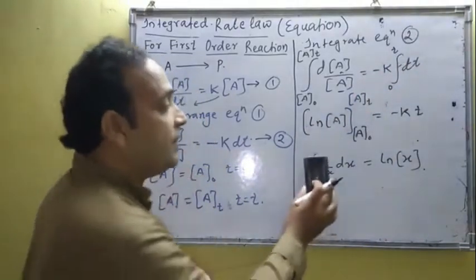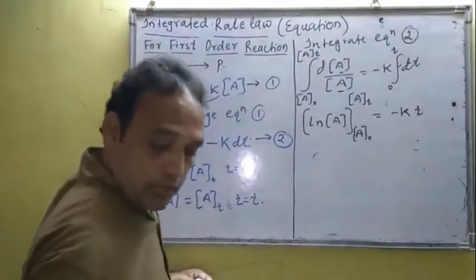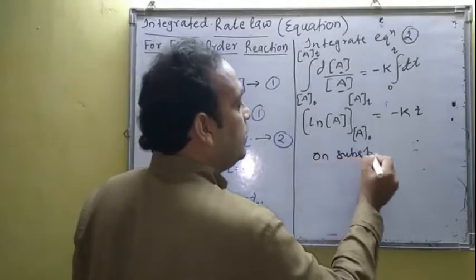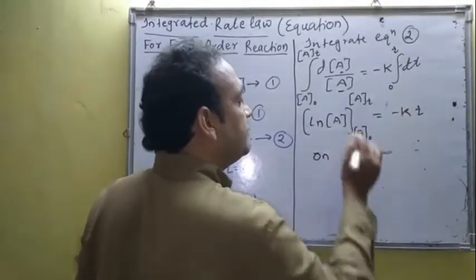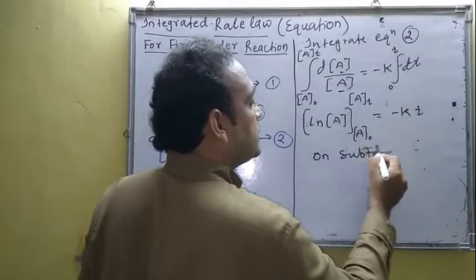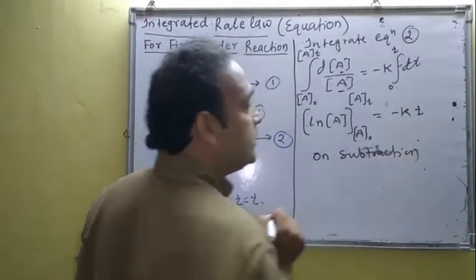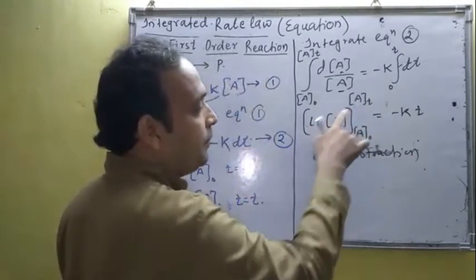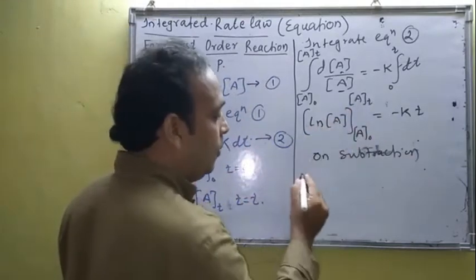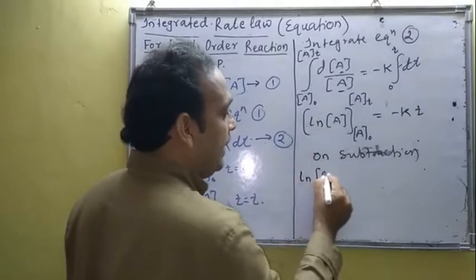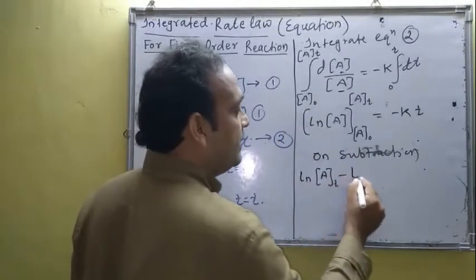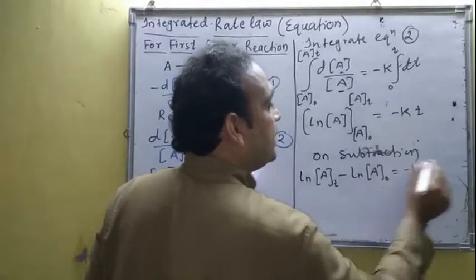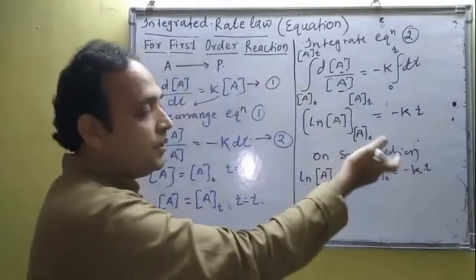Now on substitution, on subtraction, we will get the natural log of the upper limit minus the natural log of the lower limit. Now ln At minus ln A0 is equal to minus Kt, since t minus 0 is equal to t.